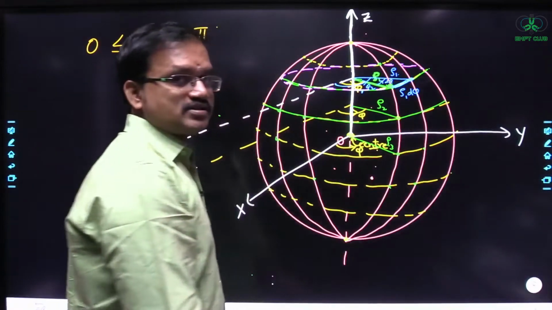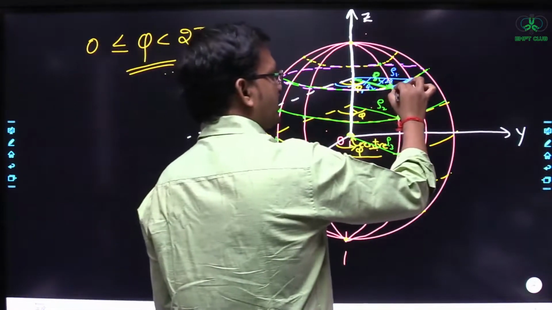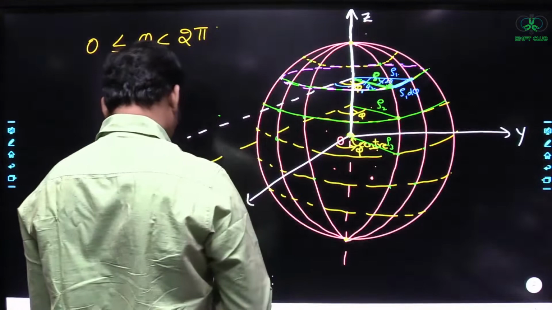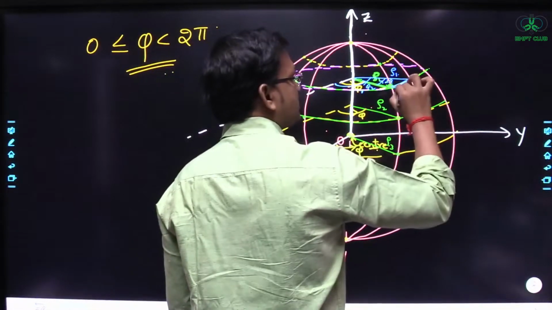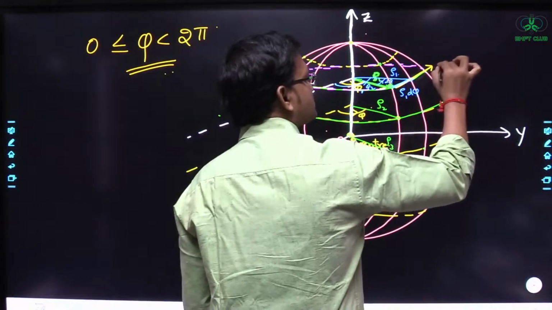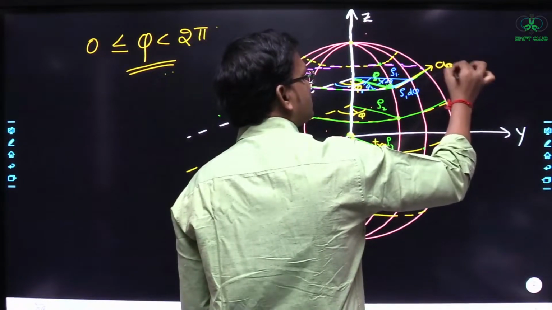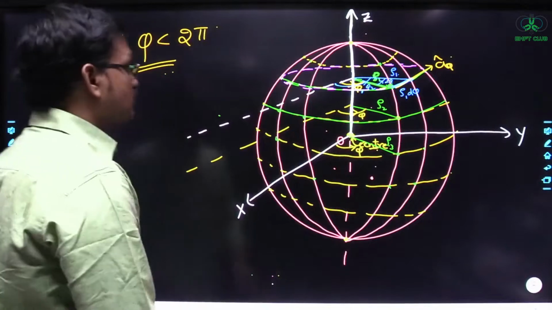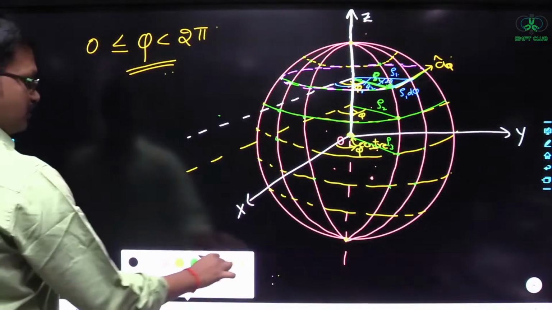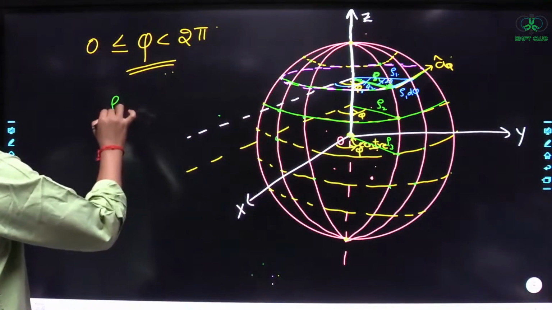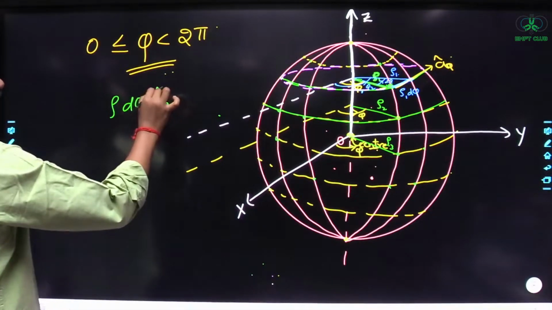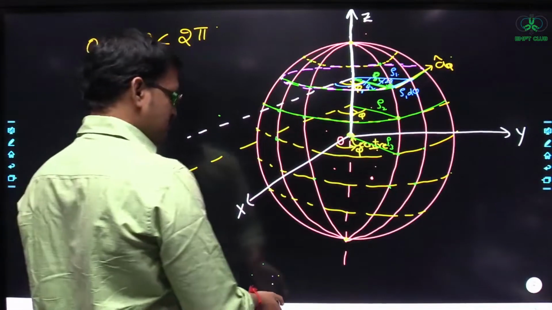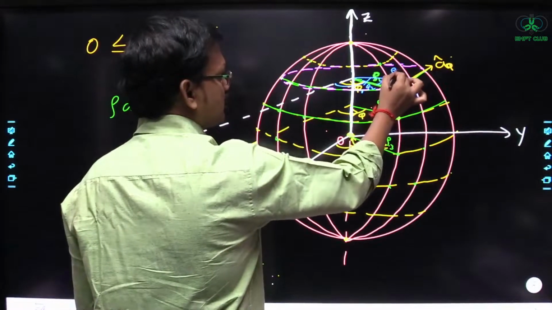And what is the direction of this arc here? The direction of this arc is given by the tangent drawn to this arc, in anti-clockwise direction, like this. So here the differential arc length is nothing but rho d phi a phi cap. Let us consider this as rho here, not rho 1.